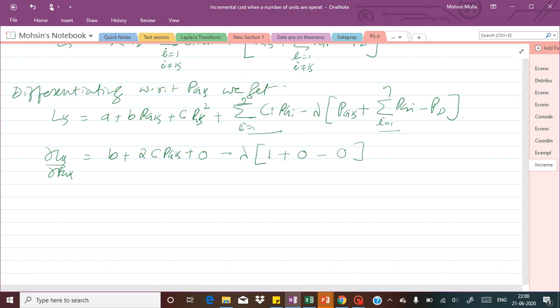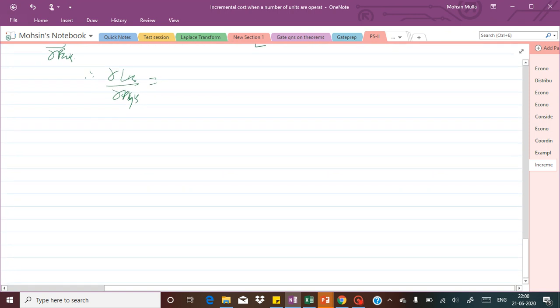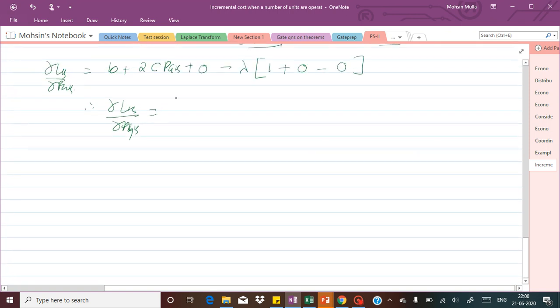So we can write dou Lk divided by dou Pgk equal to b plus 2c Pgk minus lambda equal to 0. This should be equal to 0, or lambda equal to b plus 2c Pgk.